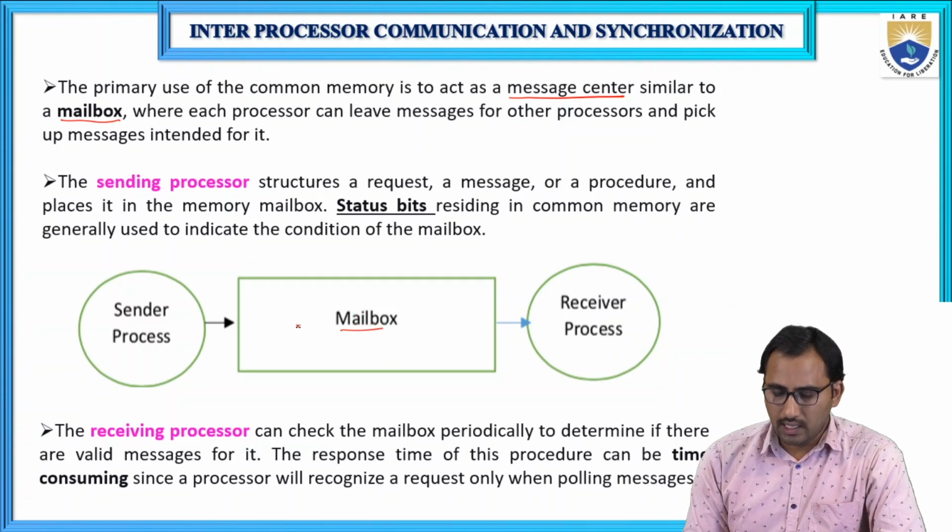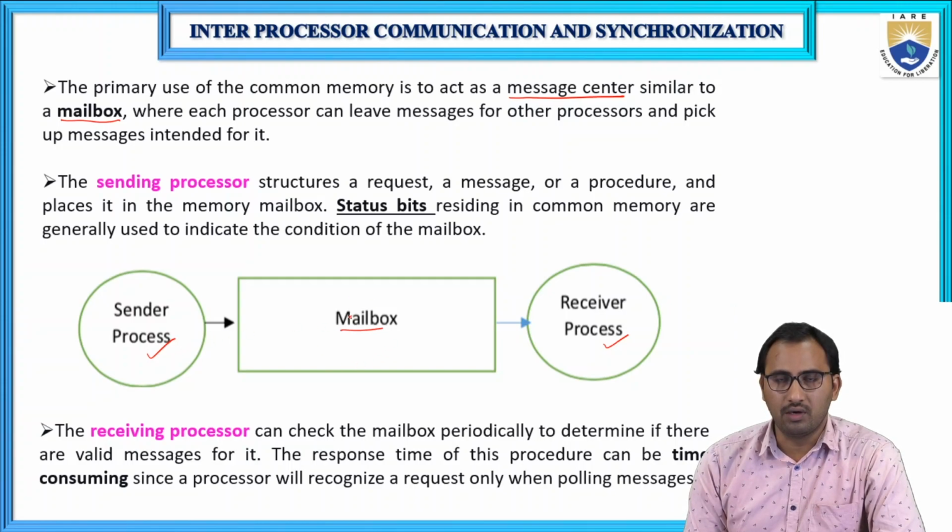So in the mailbox, we have two processes: one is the sender process and the other is the receiver process. The sender process places the data or information into the mailbox, and after that, the receiver process will receive or read the data from the mailbox.